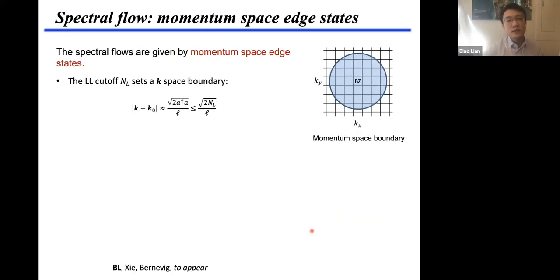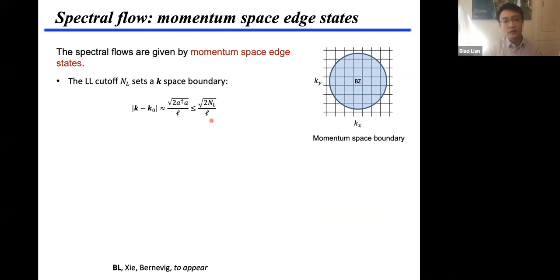It turns out that these spectral flows in the Hofstadter gap can be understood as the momentum space edge states. Later I'll provide a more concrete understanding of what momentum space edge states mean, but here we could understand this from a rough picture.